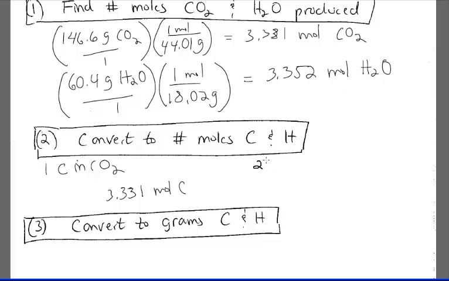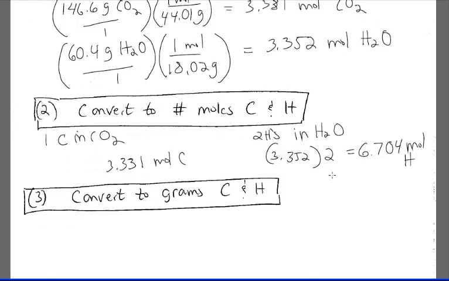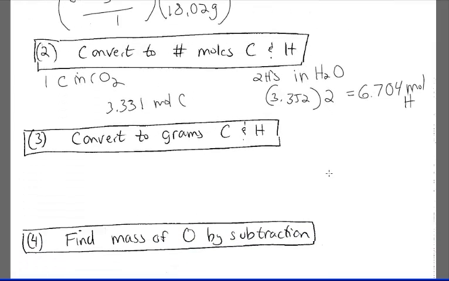Okay, but there's 2 hydrogens in water. So we have 3.352 times 2, which is 6.704 moles of hydrogen atom from the water.